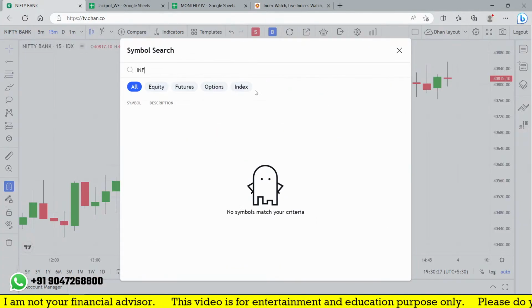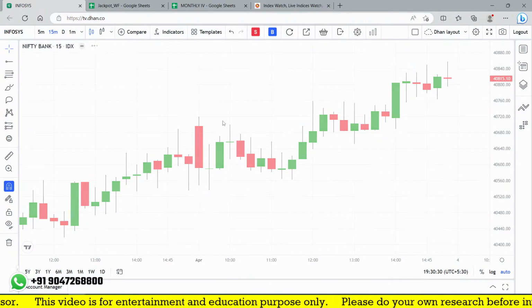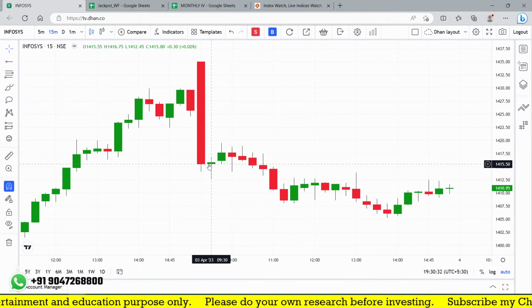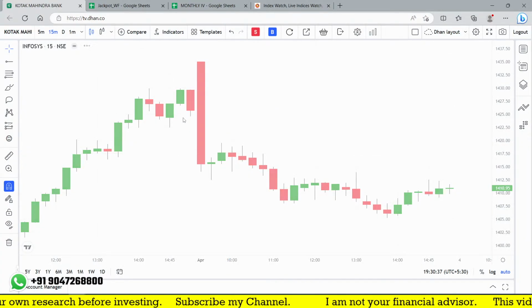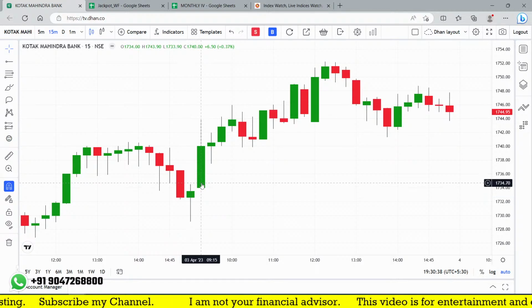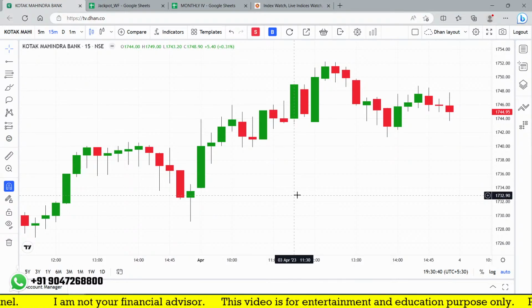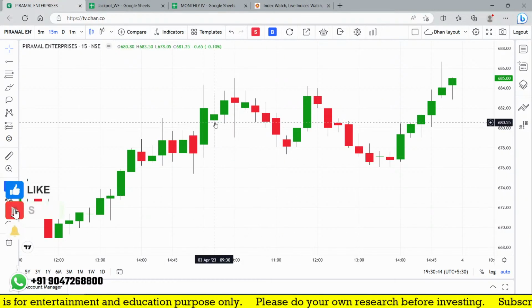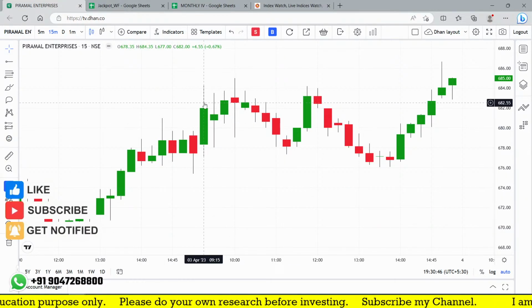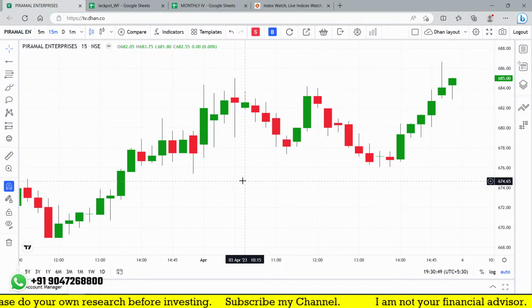Candle, Infosys, hammer. Yes, Infosys forming hammer. In Kotak Bank, hammer. Yes, perfect move. And the PEL, that is also forming hammer. Second candle, 3rd April around 9:30, that is also hammer.